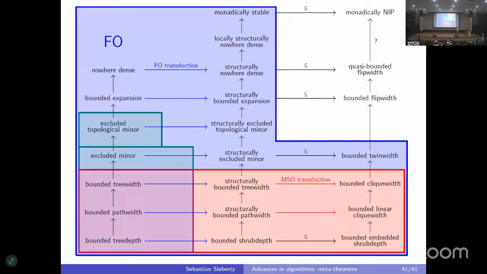For existential formulas you often get tractable model checking on some classes, but as soon as quantifier alternations are introduced, usually we find it hard.